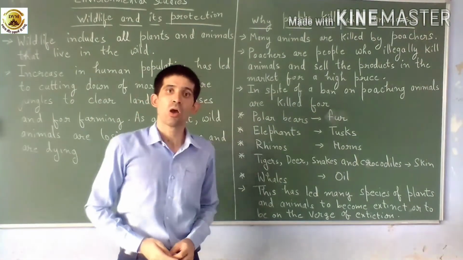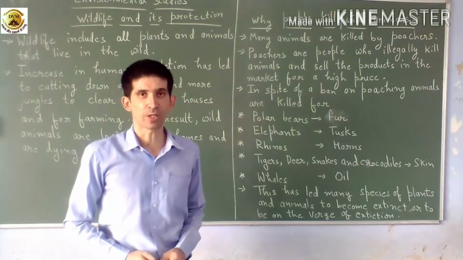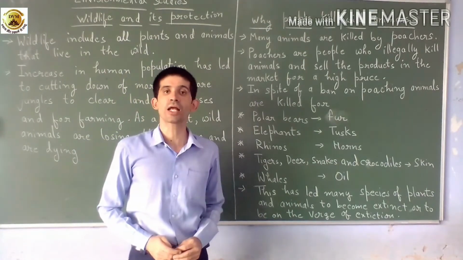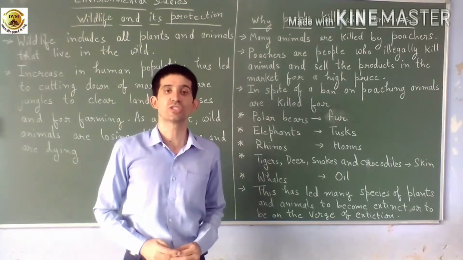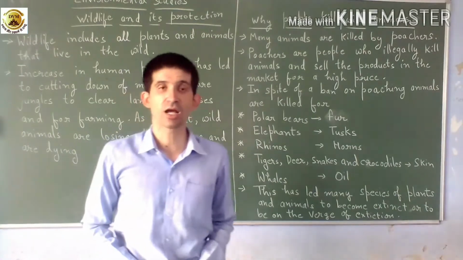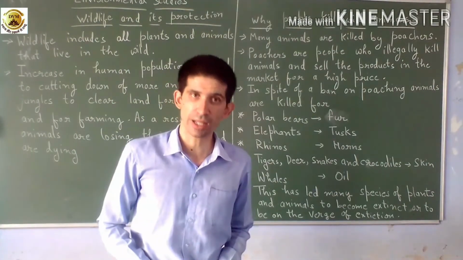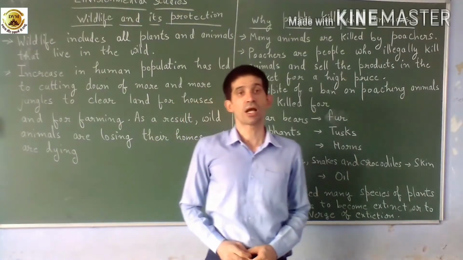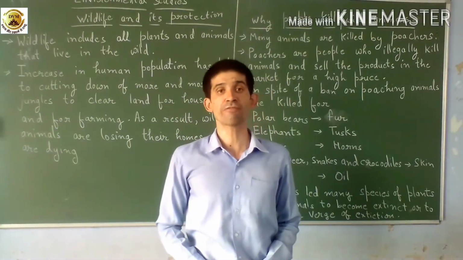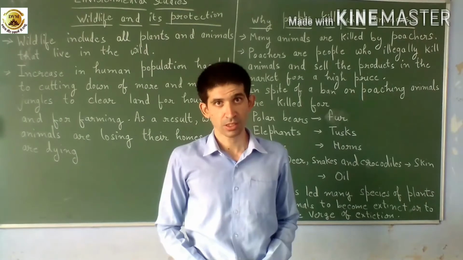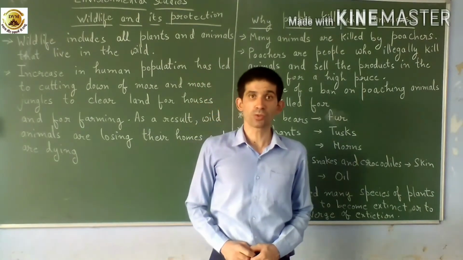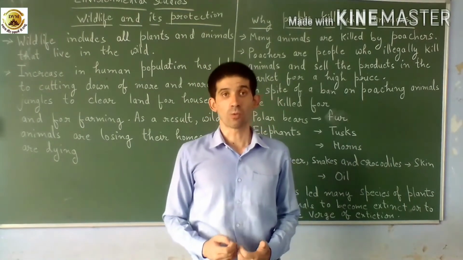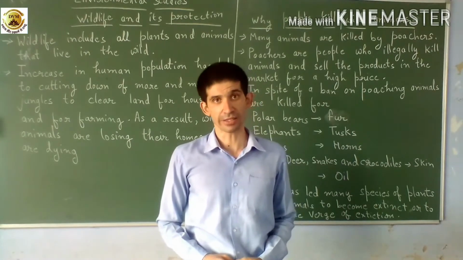Students, all the living organisms, whether they are plants or animals, who live in jungle or forest, are called wild animals. Okay? Students, our today's topic is wildlife and its protection. We come to know what the meaning of wildlife is.